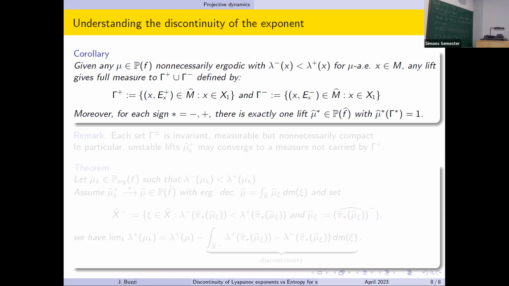In principle, if the measure is not ergodic, the lifts could be averages of stable and unstable lifts for each ergodic component. But if you know for some reason that you are living inside one of these invariant graphs, then you have a unique lift, just because it is a graph. That's just a rewording of what we said before.